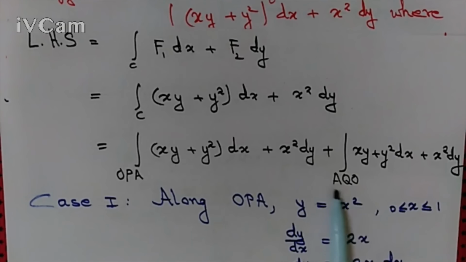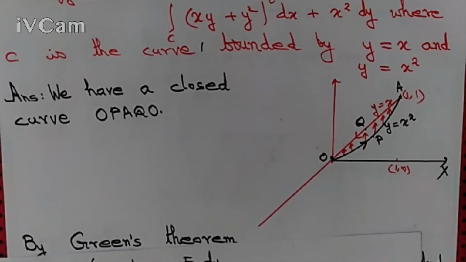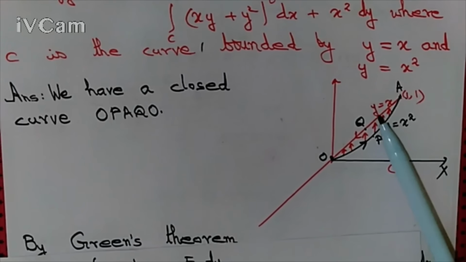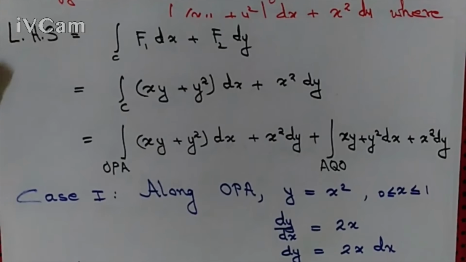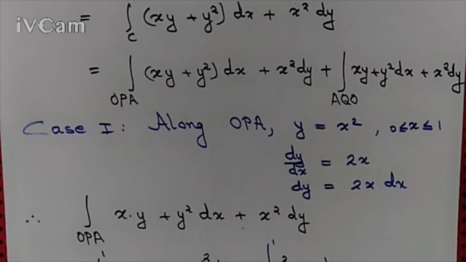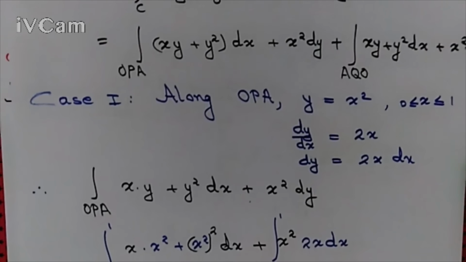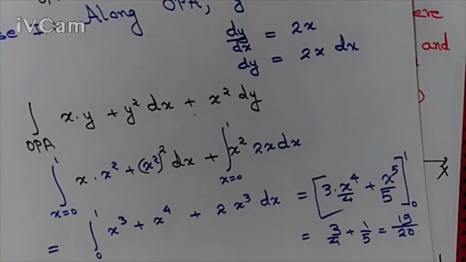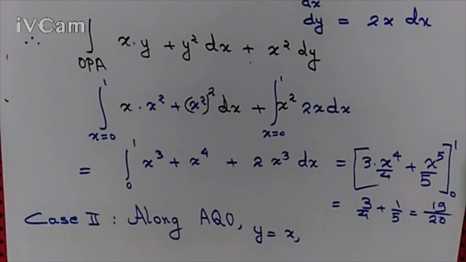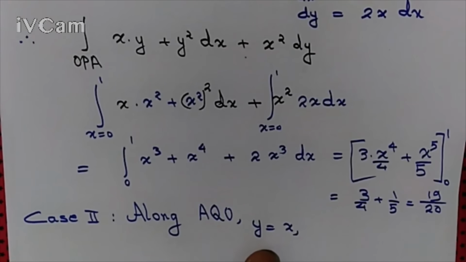We need to do the line integral along AQO as well. Case 2, along AQO, y equals x.